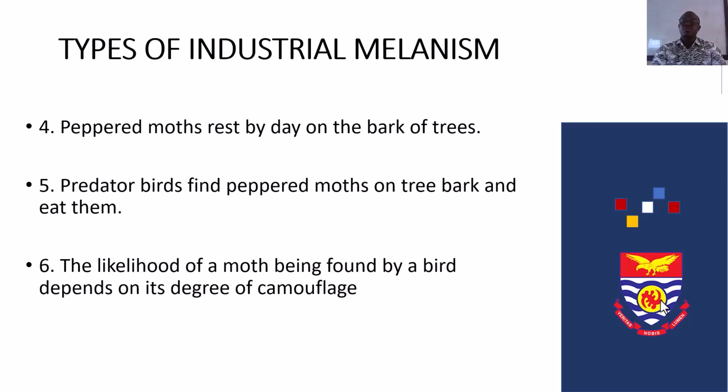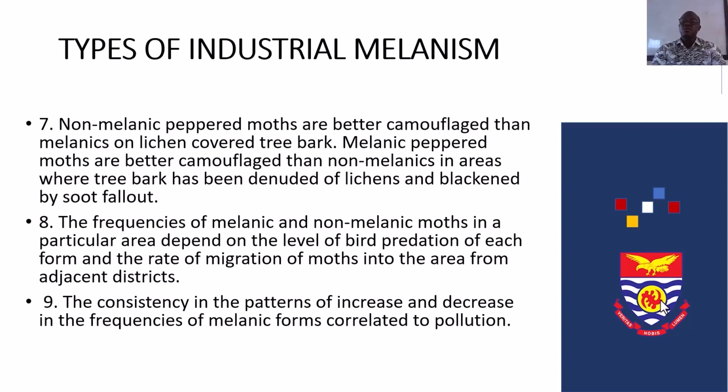Peppered moths rest by day on the bark of trees. Predator birds find peppered moths on tree barks and eat them. The likelihood of a moth being found by a bird depends on its degree of camouflage. Non-melanic peppered moths are better camouflaged than melanics on lichen-covered tree bark. Melanic peppered moths are better camouflaged than non-melanics in areas where tree bark has been denuded of lichens and blackened by soot fallout.